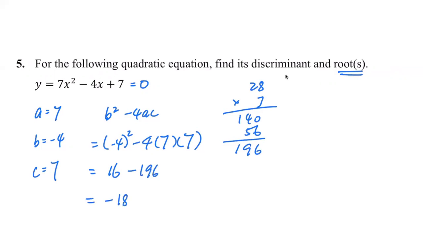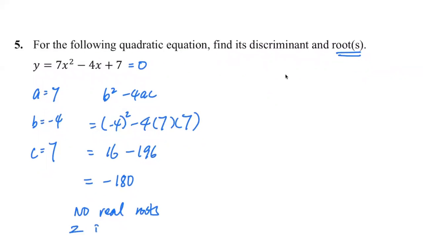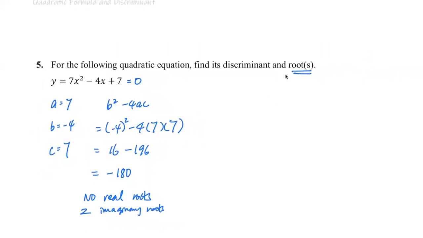And that will be a -180. So we can say we have a conclusion right here that we are going to see no real roots, and we're going to see 2 imaginary roots. And then we'll go ahead and find the roots.